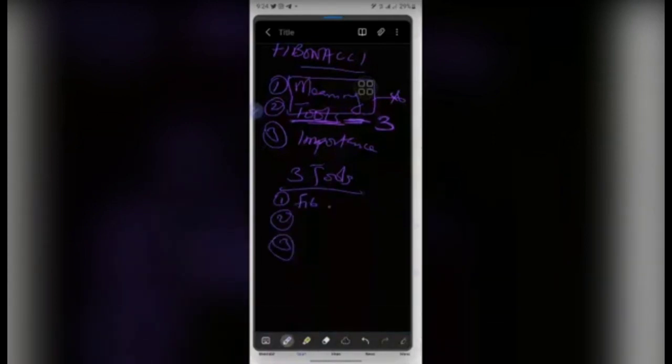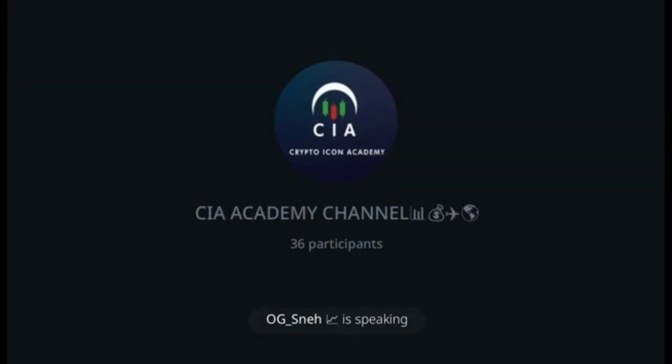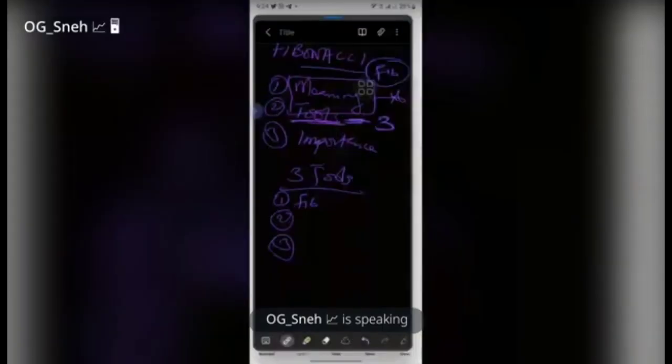This Fibonacci, the short word is Fib. When you see Fib in any textbook, or any strategy, or any chart, it still means Fibonacci. That's just the short form.